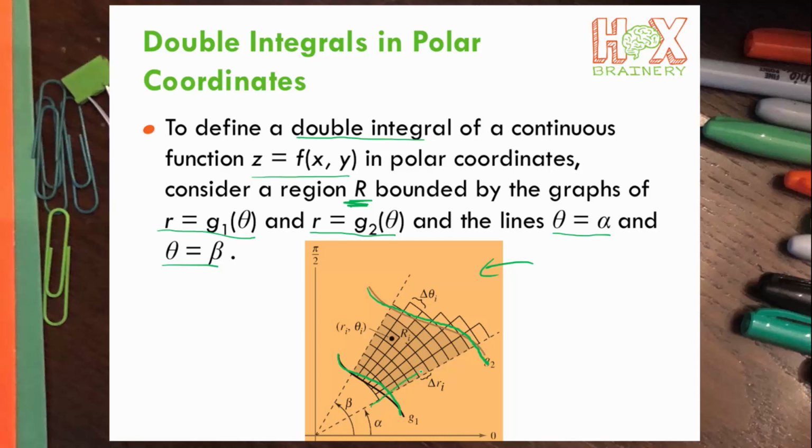And then this is alpha, this line, and this is beta, this line. Those four things basically bound our region R. So this area in here is our region R.